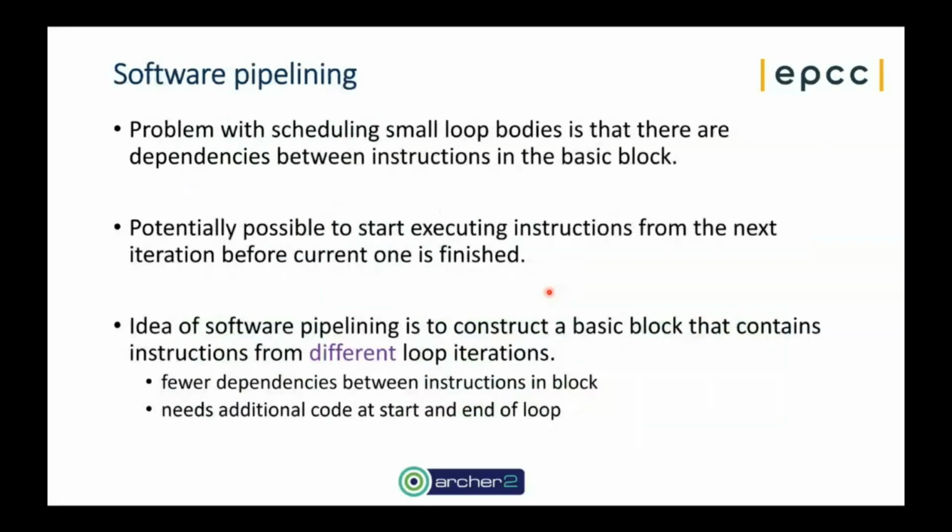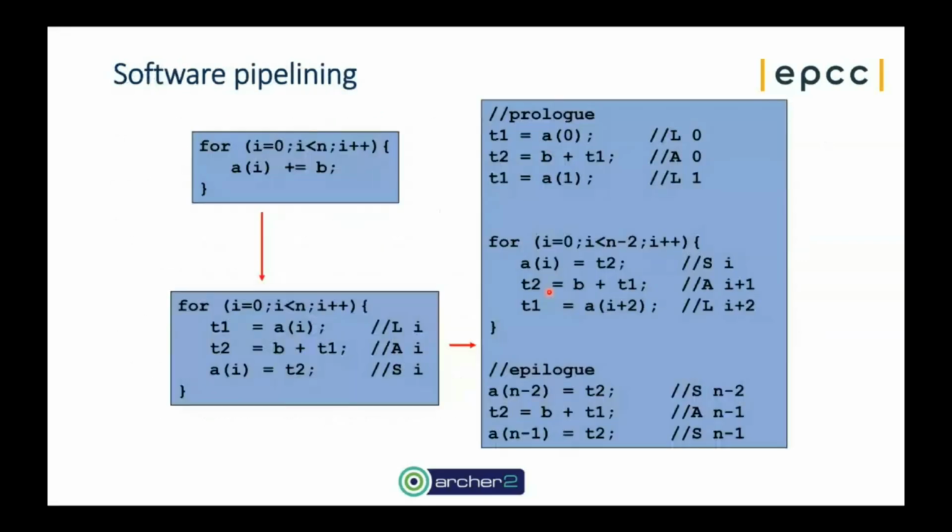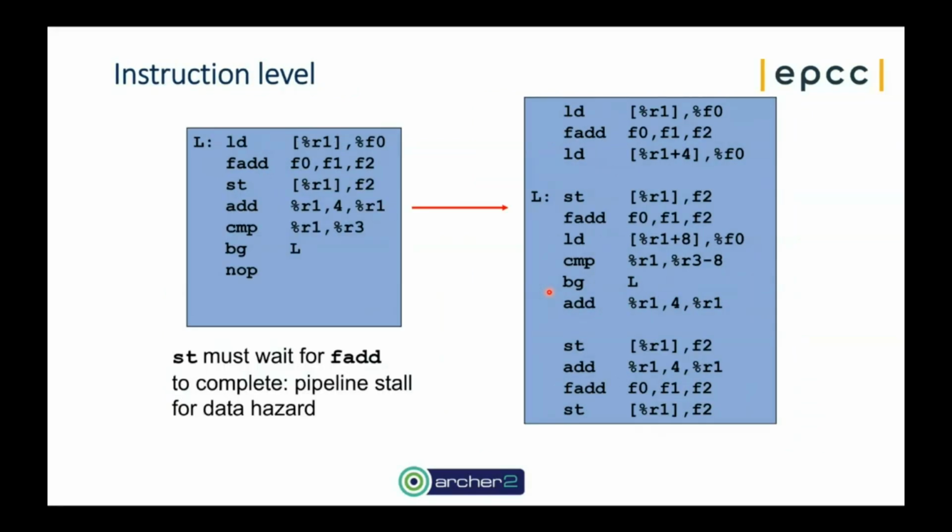And again, probably not things you want to do by hand, but you can have a look at the compiler outputs and say, am I getting the kind of performance I would like here? If not, what can I do to help the compiler do that? And then, if push comes to shove, you can go and have a look at optimization at that level.